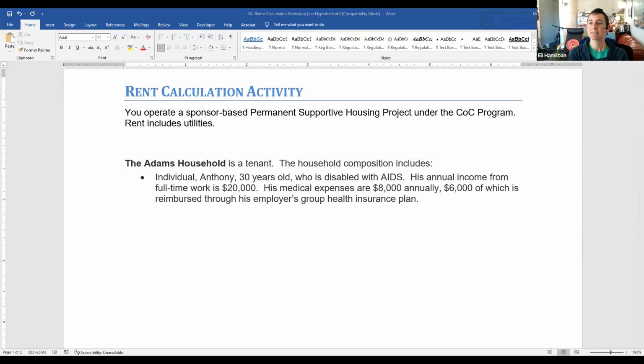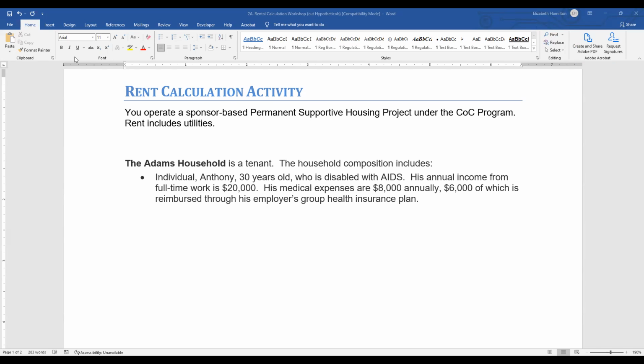Just by looking at this, can anybody pick out an aspect of Anthony's situation that's going to be relevant to our rent calculation? What do we need to keep in mind? What are the pieces of information here that we can pull out and say, okay, these are probably going to be relevant to the rent calculation? First, it's going to be his income and then how much he has left from whatever he gets reimbursed.